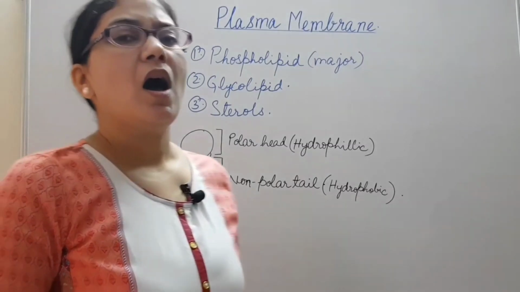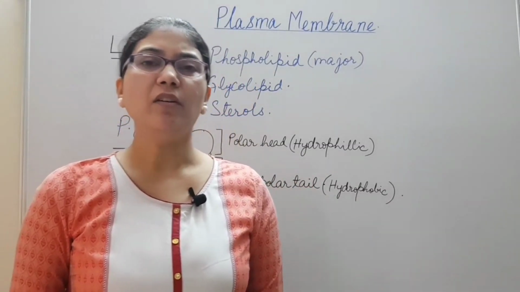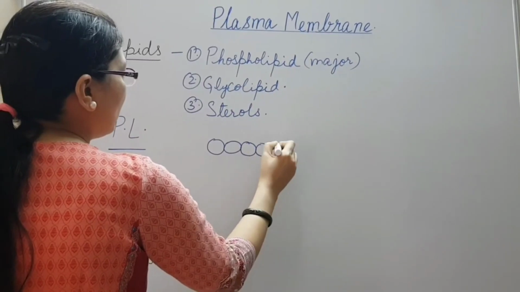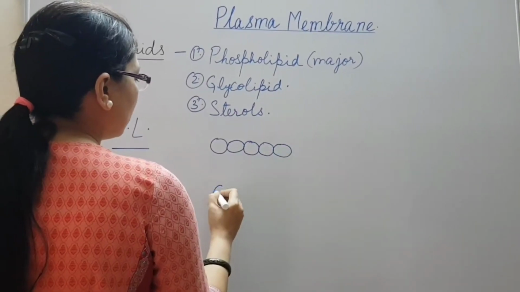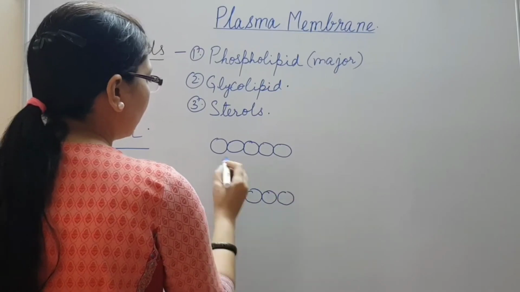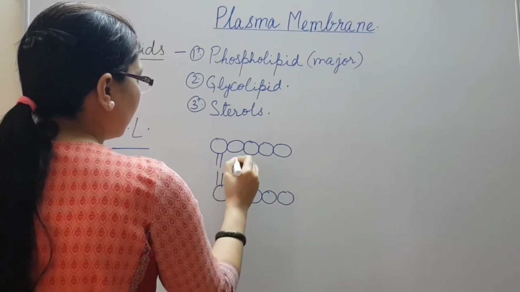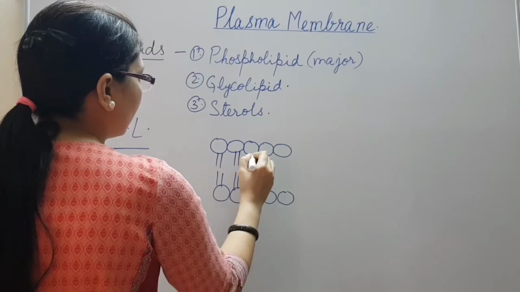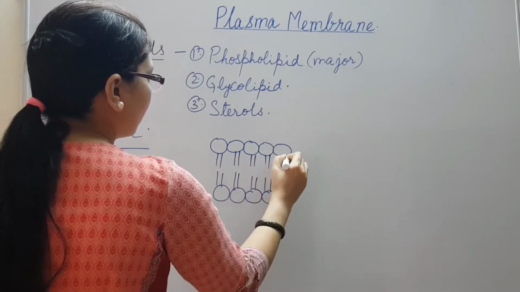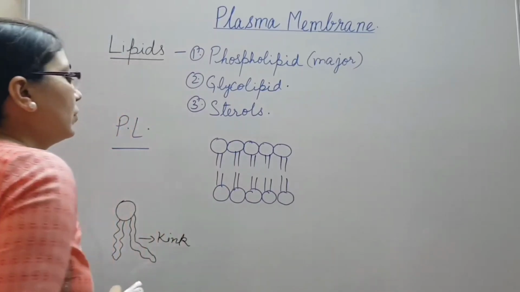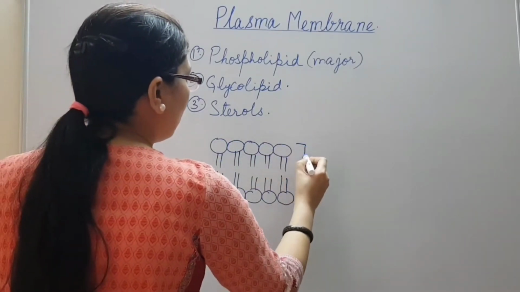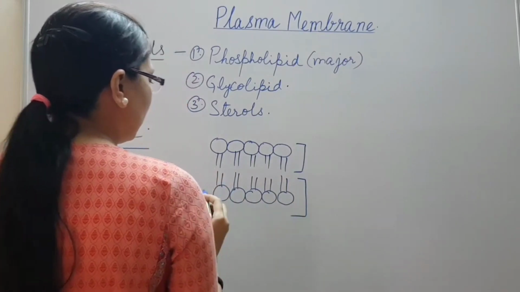Now, how the phospholipids are arranged in the plasma membrane. Phospholipids are arranged in the form of the bilayers. This is one leaflet and this is another leaflet.